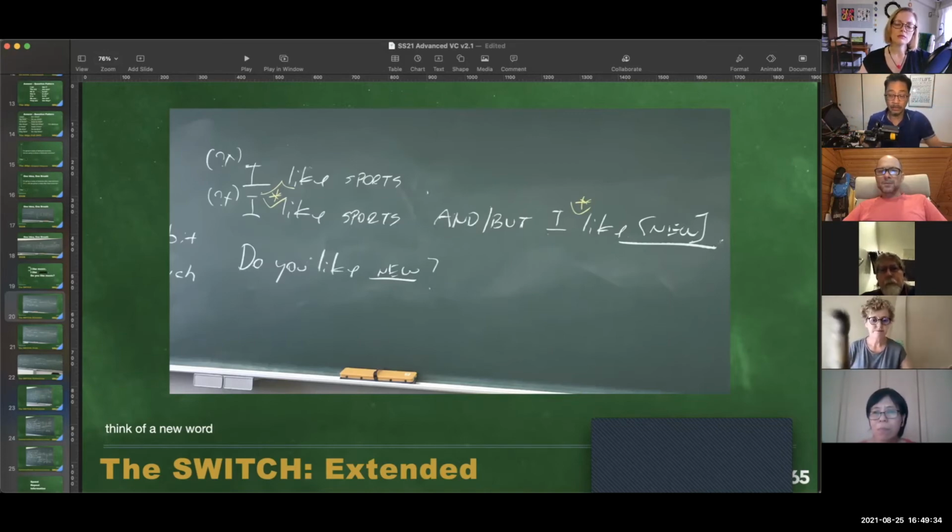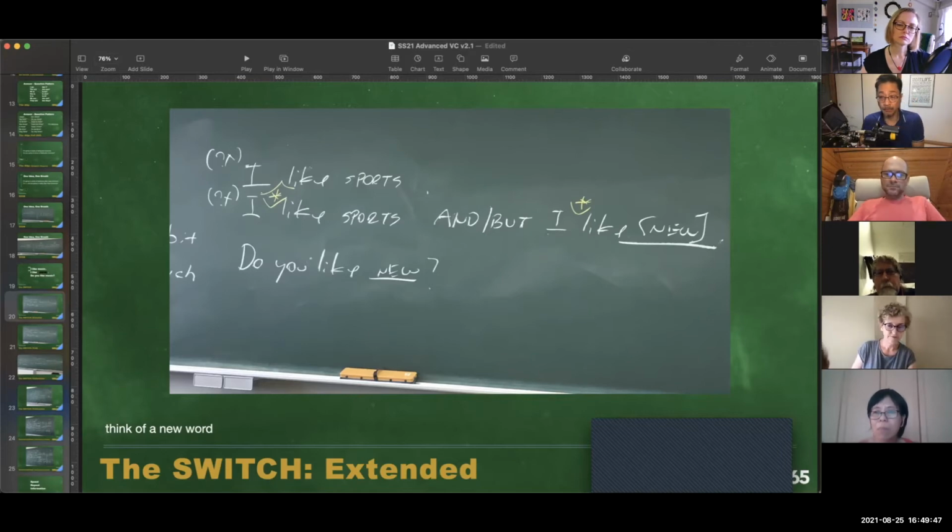If you don't like something, but your next word, or sorry, your response to your partner's question was, I don't like, but of course, the most likely thing is you'll come up with a word that you do like. You have to make sure that that's but, because I don't like cricket, but I like football. I don't like cricket, and I don't like baseball. I like sports, but I don't like karaoke.